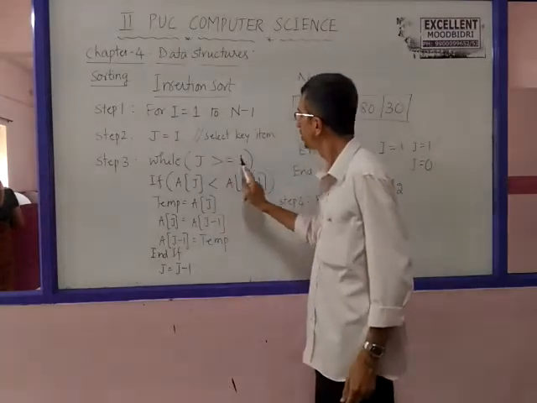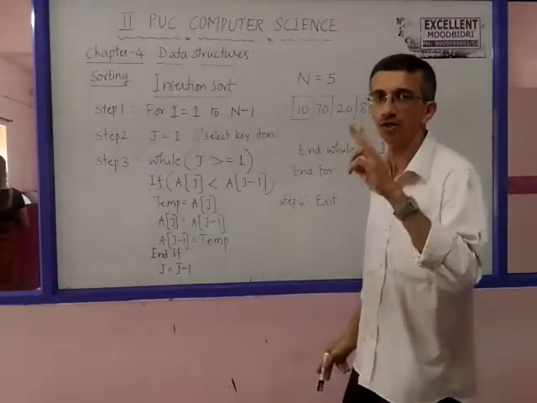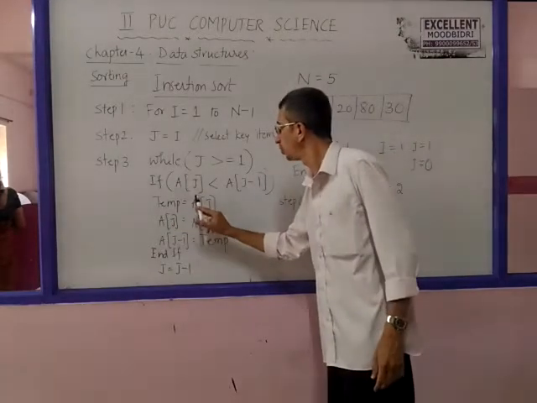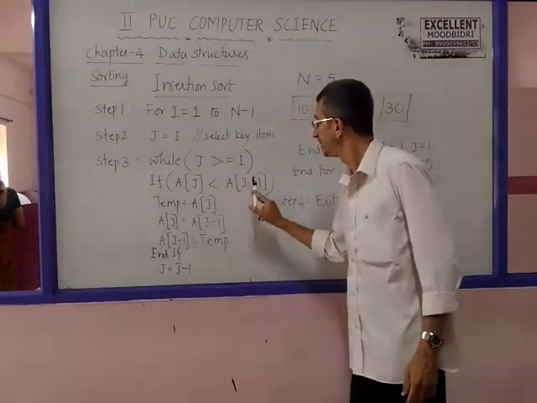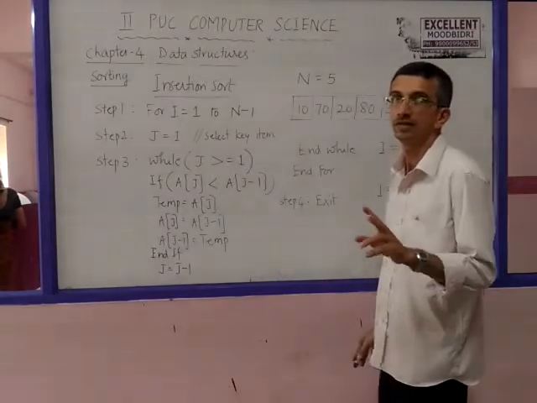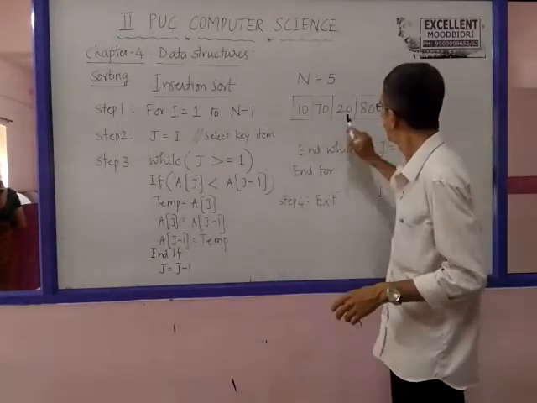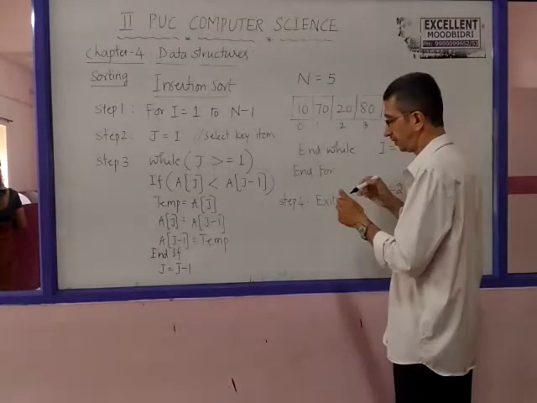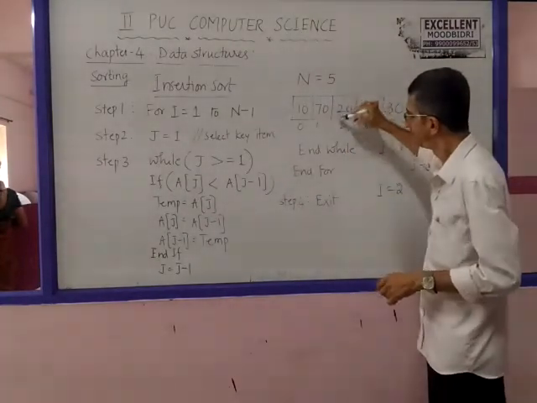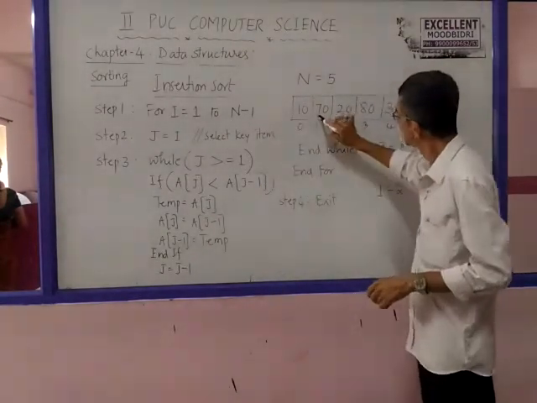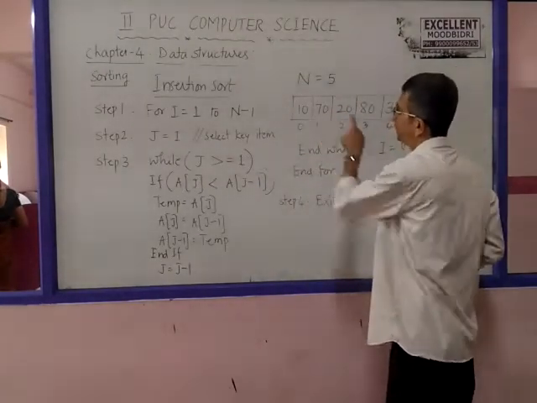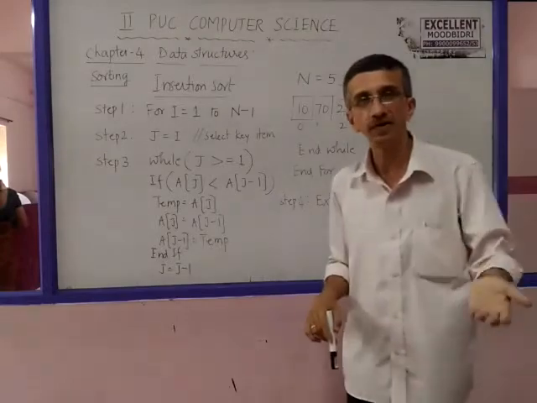While j is more than or equal to 1, j is 2, so it is true. If a of 2 is less than a of 2 minus 1: a of 2, counting indexes 0, 1, 2, 3, 4, is 20, which is less than the previous item 70.